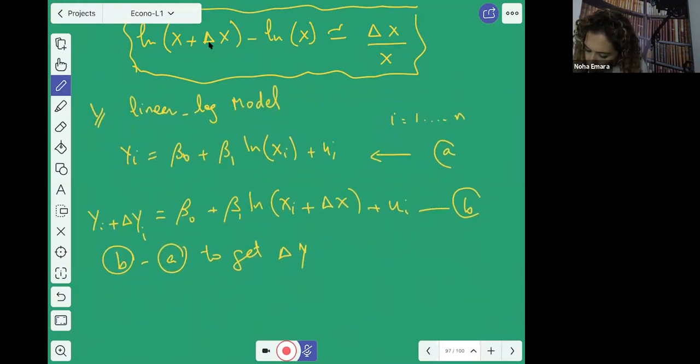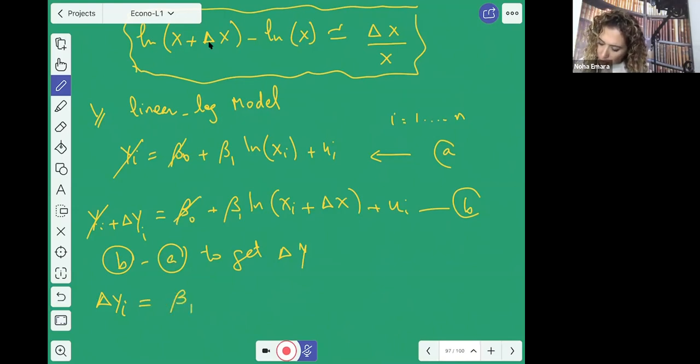When I subtract, yi will cancel with yi, so I'm left with the change in yi. When I subtract A from B, the beta naught is going to cancel. Next, I have a common factor of beta 1, and what I have inside the bracket is log of x plus the change in x minus the log of x. And of course, the ui would cancel with the ui.